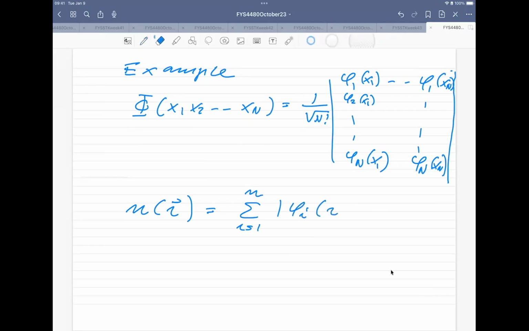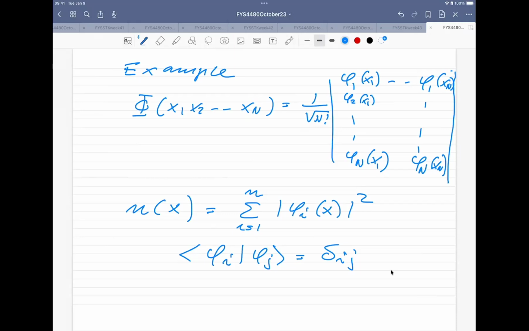So let's just write x here because we are putting in the spin degrees of freedom as well. And you can see that immediately if you have a basis of orthogonal functions, because here we have now assumed that the overlap of phi i and phi j is equal to delta ij. So this is a basic assumption which we made when we constructed such a Slater determinant.